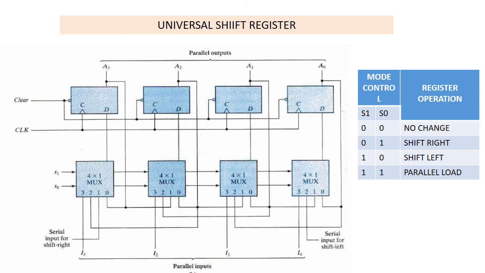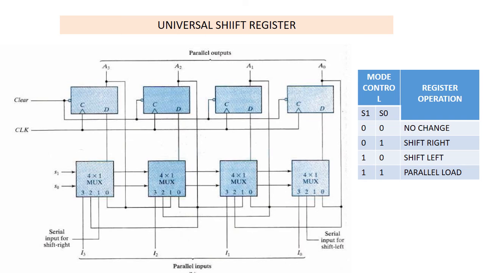Input 0 in each multiplexer is selected when S1 S0 is equal to 0 0. Input 1 is selected when S1 S0 is equal to 0 1. Input 2 is selected when S1 S0 is equal to 1 0. And input 3 is selected when S1 S0 is equal to 1 1. The selection inputs control the mode of operation of the register according to the function entries given in the table.